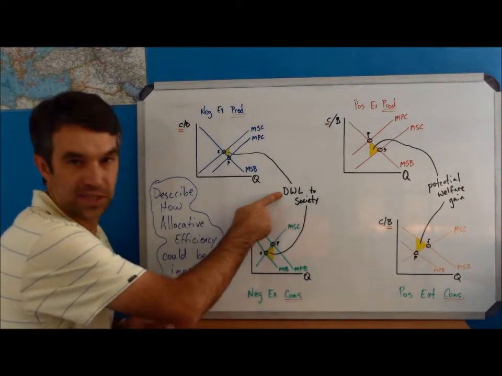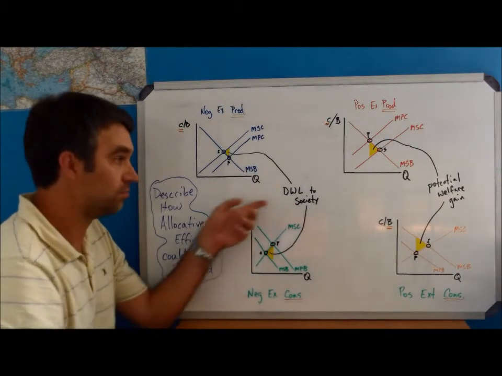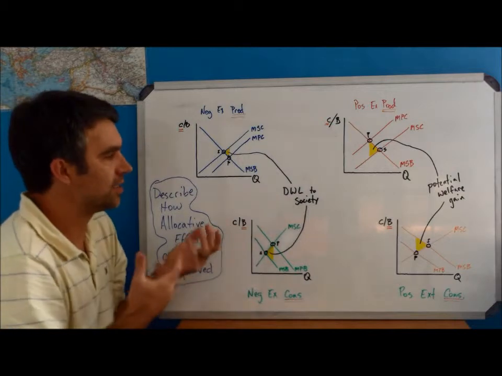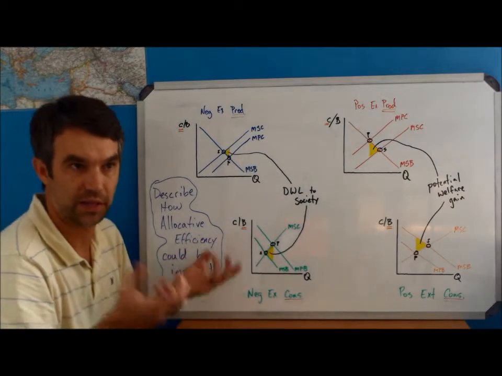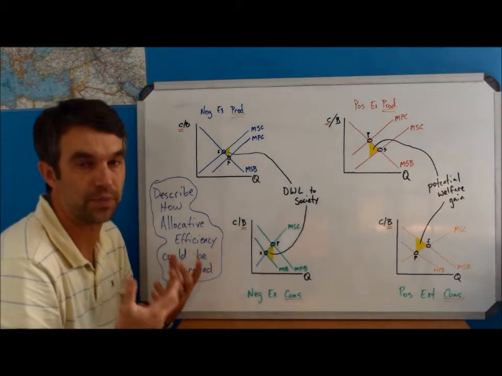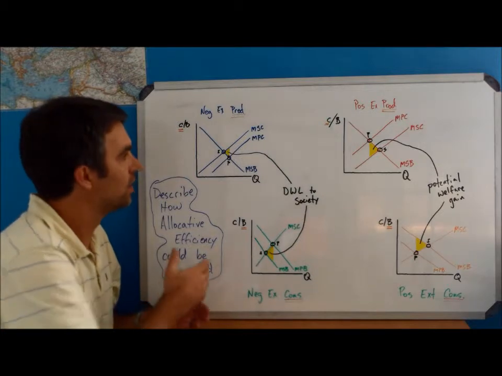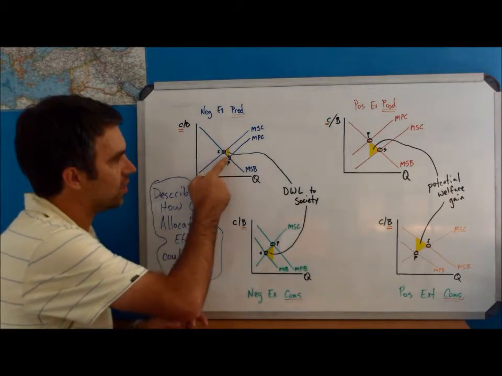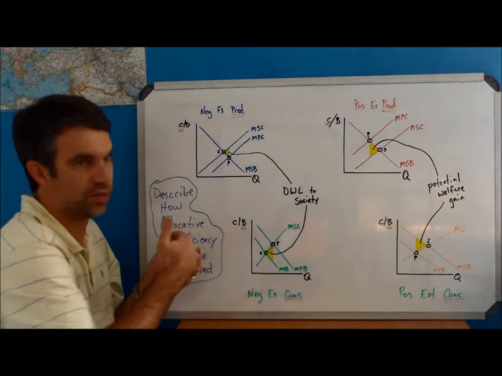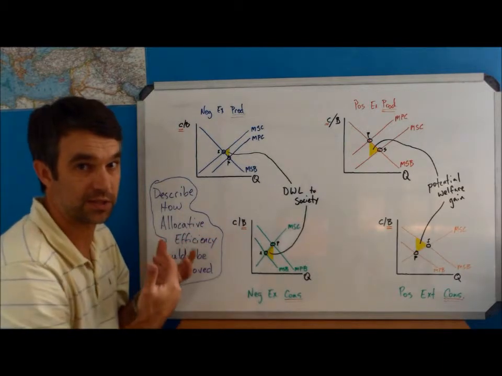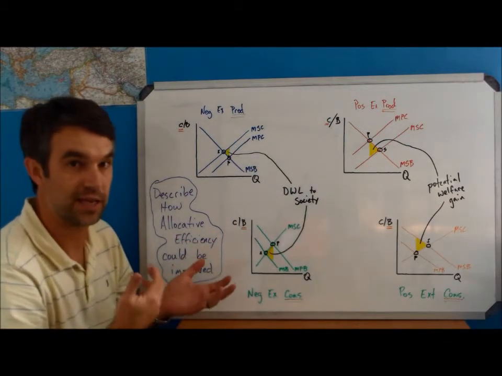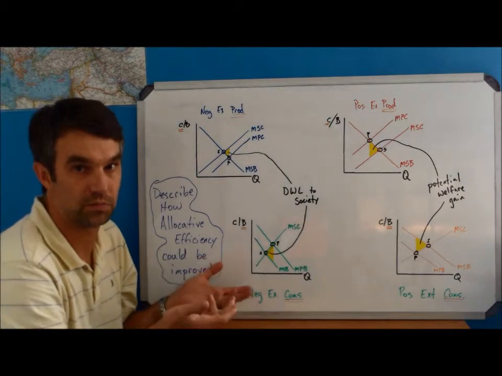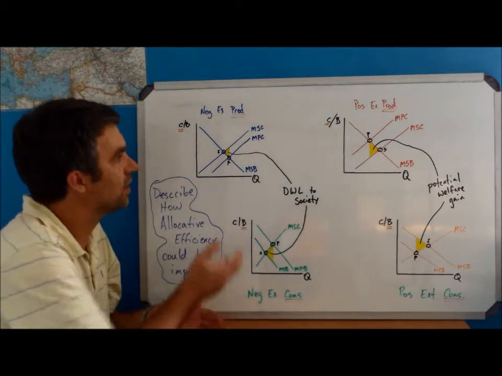Remember, dead weight loss to society is about somebody, in this case society, carrying something, having a burden placed on them that they don't benefit from. So what we see are these additional costs. Those costs are a burden on society, yet society isn't benefiting from the consumption of this product.